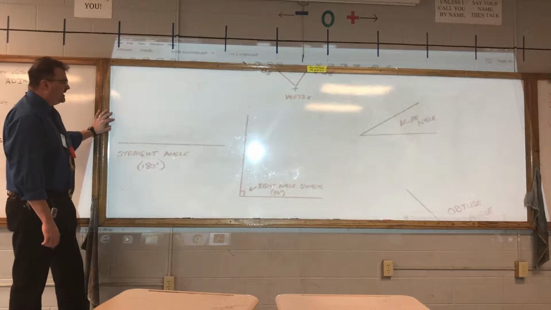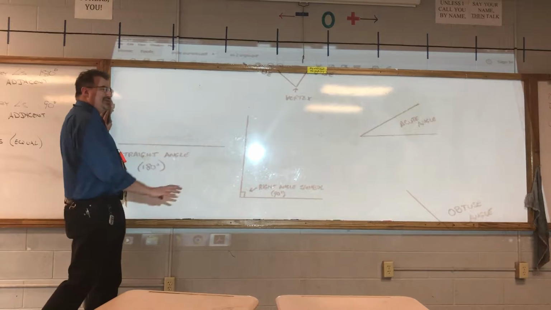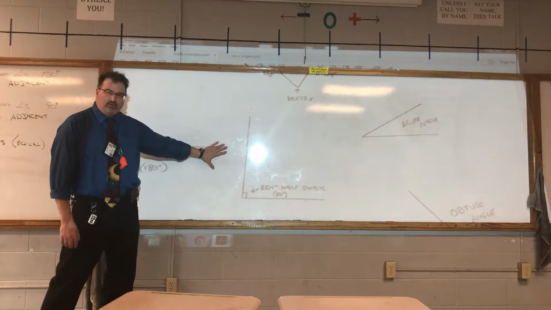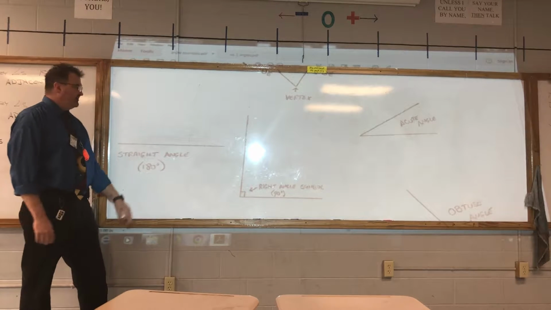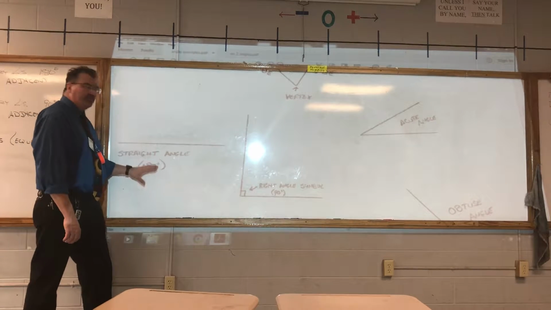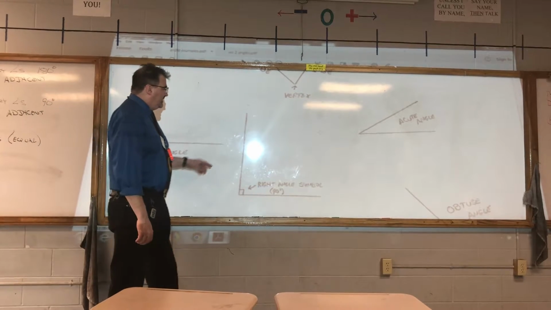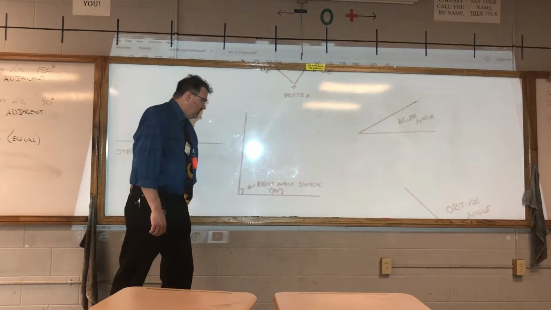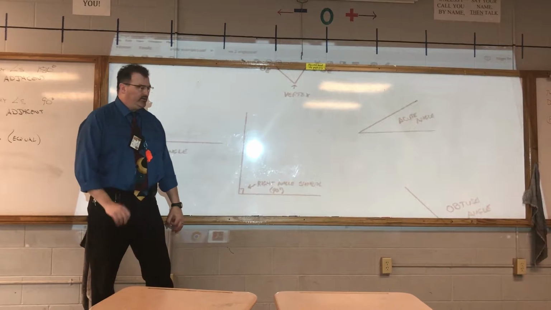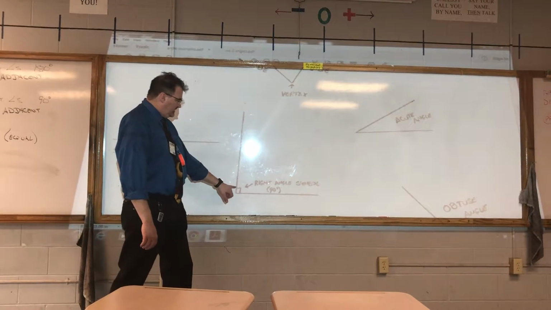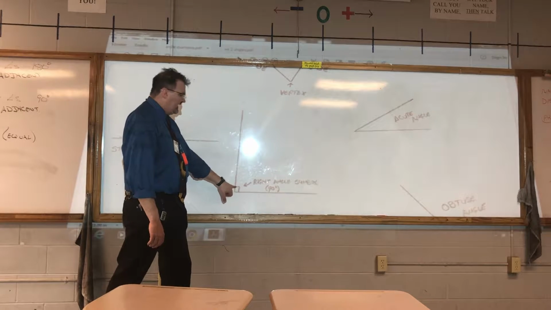For purposes of this activity, we're going to be focusing on something called a straight angle. I've always called it a straight line, but straight angle, it measures 180 degrees, but it is a straight line. And we're also going to use the idea of a right angle or 90-degree angle. And we know that it's 90 degrees because it's got this little right angle symbol in it.